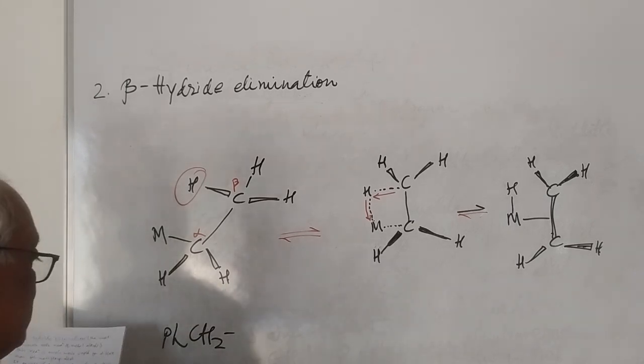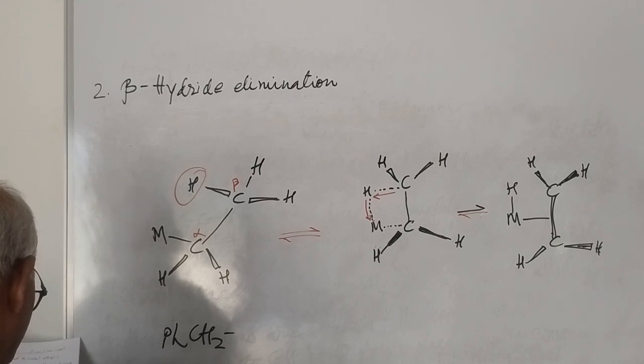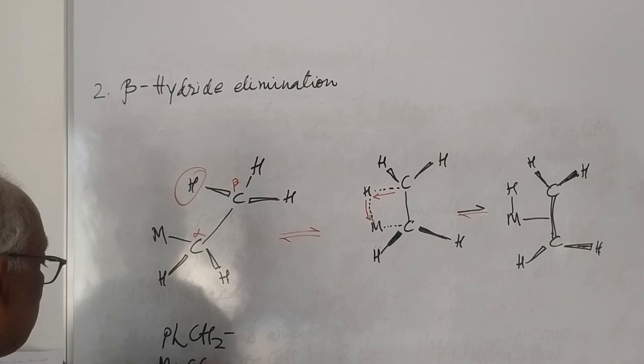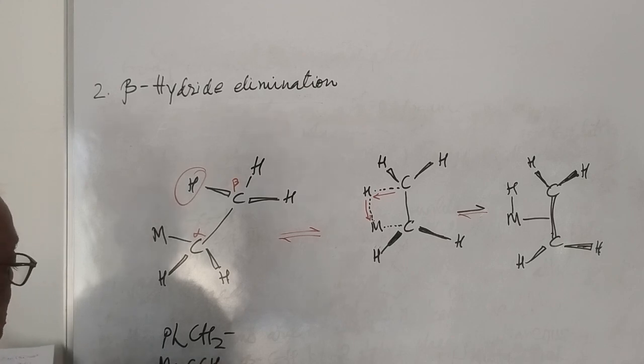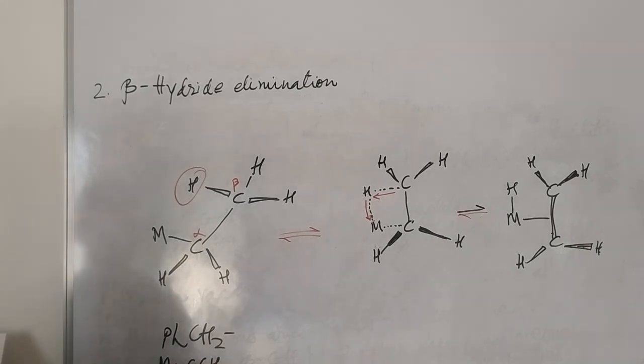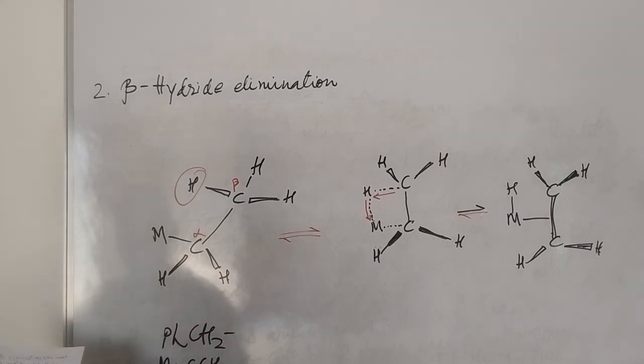Again, if we see another example, that is Me3CCH2. So this carbon is alpha and this is beta, but the beta carbon is attached to the three methyl groups, so there is no hydrogen.